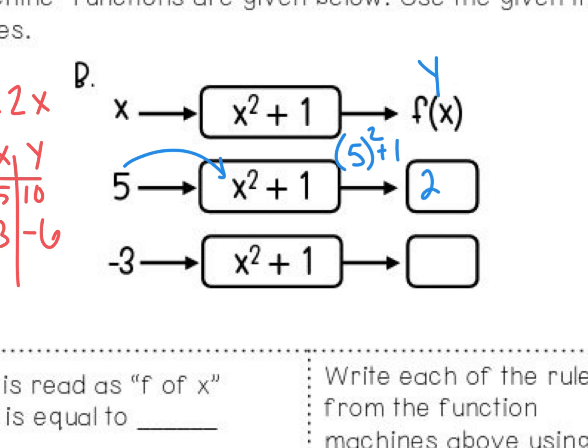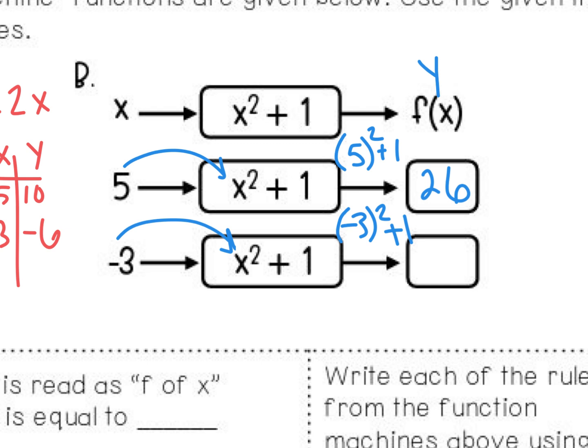Plus 1 is 26. If you are using your calculator for this, please, please, please put parentheses around it. Okay? Now, and the reason is, especially when you have a negative, because if you don't put a parentheses around your negative and you square it, it will not do what you want it to do.